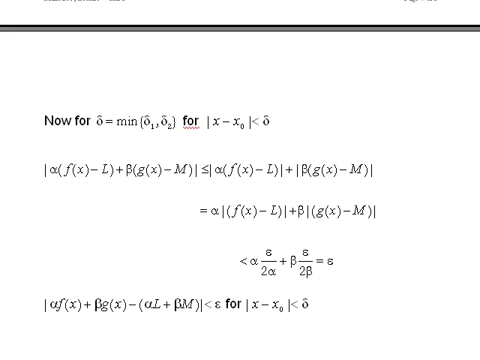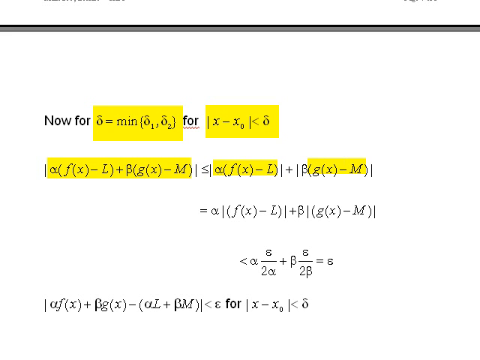I'm going to let the delta be the minimum of delta 1 and delta 2, the smallest value, and say that for x minus x naught less than delta, I have the following. Here was the statement after I rearranged it. Alpha times f minus L plus beta times g minus m is less than or equal to the two terms broken out.